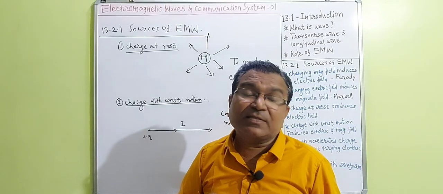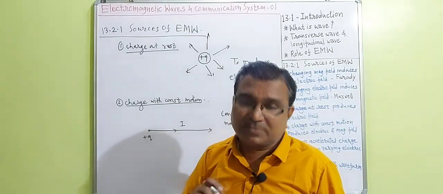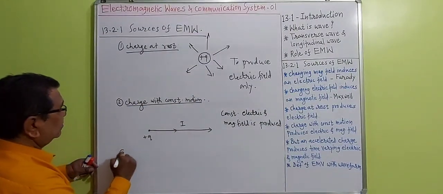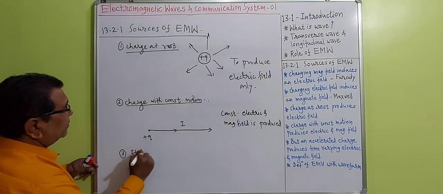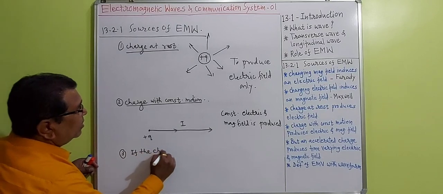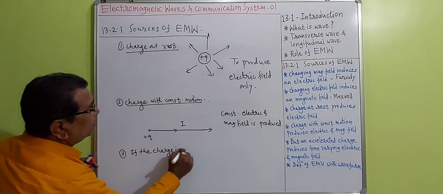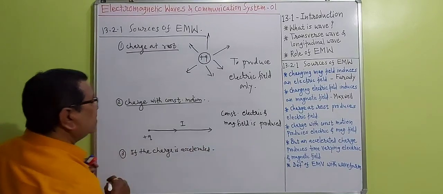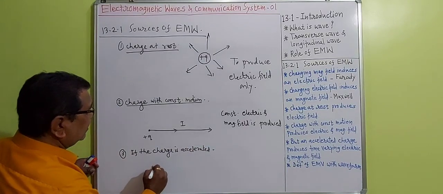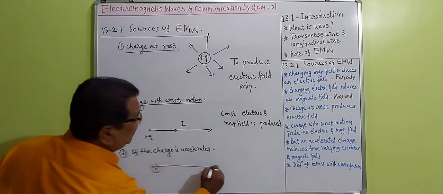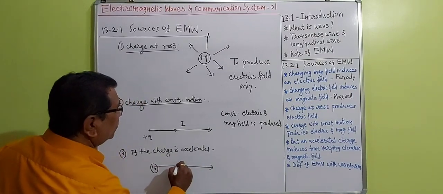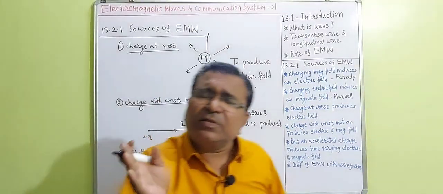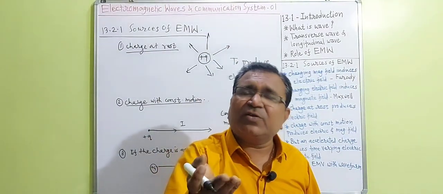And what happens in the third part? I will write here, third part. If the charge is accelerated, that means this plus q charge is moving with acceleration, increasing velocity or decreasing velocity.